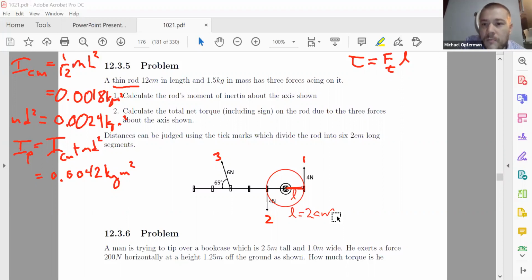And so for the first torque, we're going to have tau 1 equals, F_T is 4 newtons, and L is 2 centimeters, 0.02 meters.